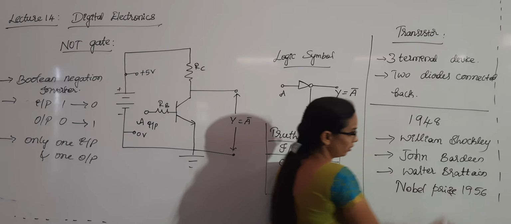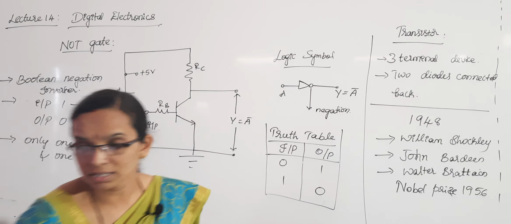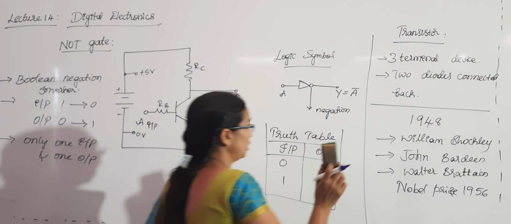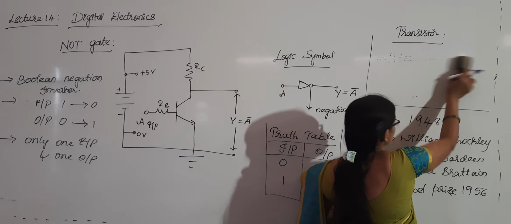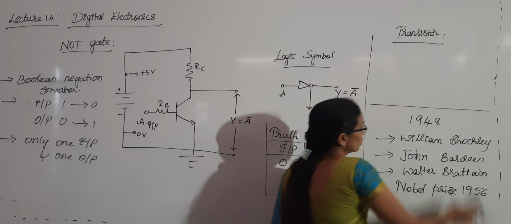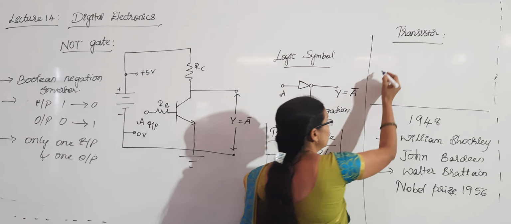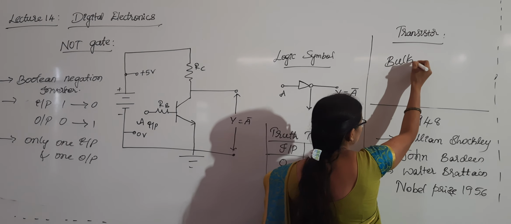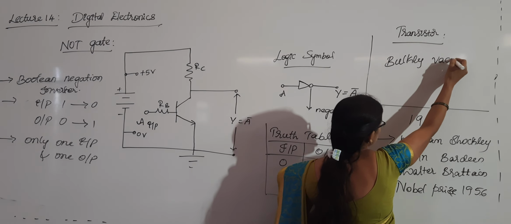See, we have already gone through the introduction to transistors in the first chapter. The main applications of the transistor are amplification and switching. The transistor has replaced the bulky vacuum tubes.